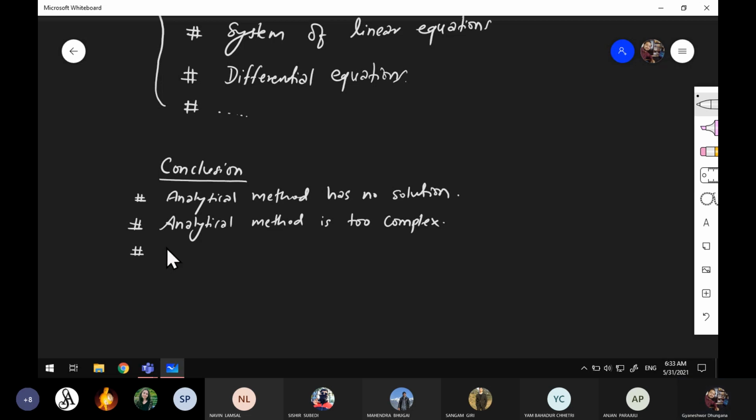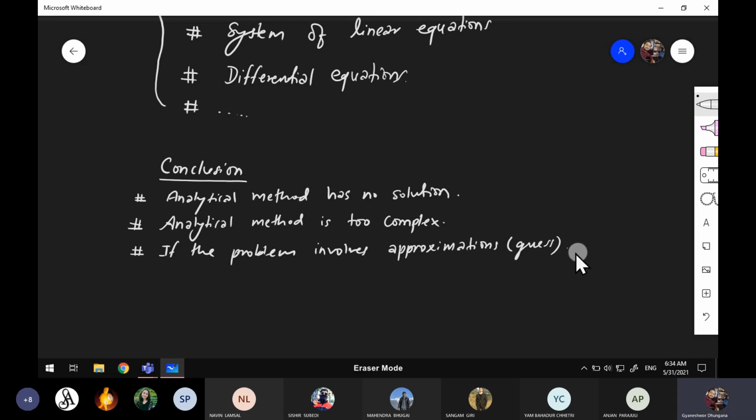And if the problem involves approximations, approximations means guess, initial guess, based on some readings.